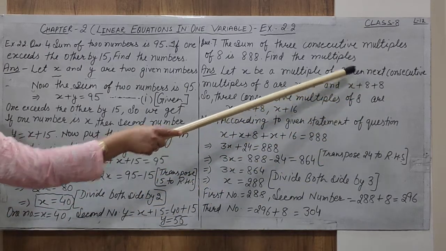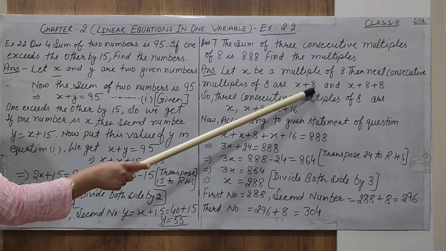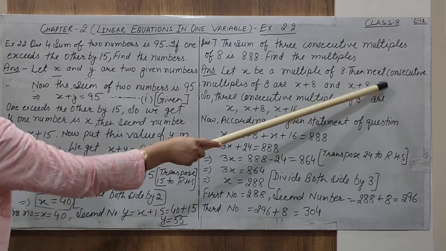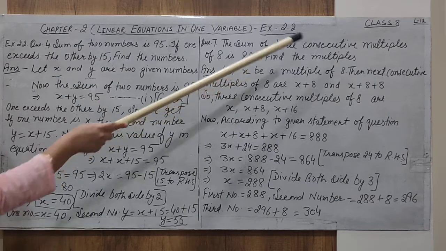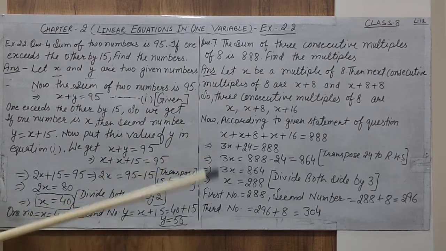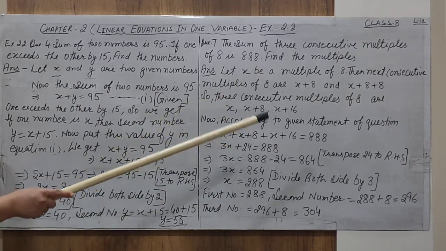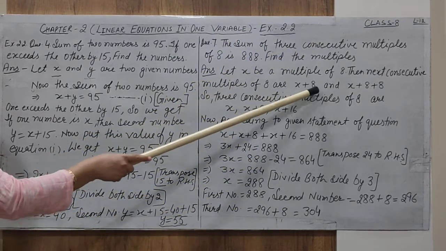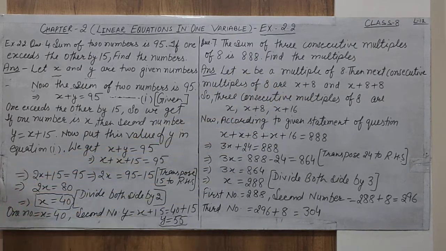Then the next consecutive multiples of 8 are x plus 8, and the next consecutive to this is x plus 8 plus 8. If we know the first number, then we can find the next consecutive number. That is easy to find out. For example, if we know the first number is 8, then what will be the next consecutive number which is a multiple of 8? 8 plus 8, and 8 twos are 16, that is the next multiple of 8.